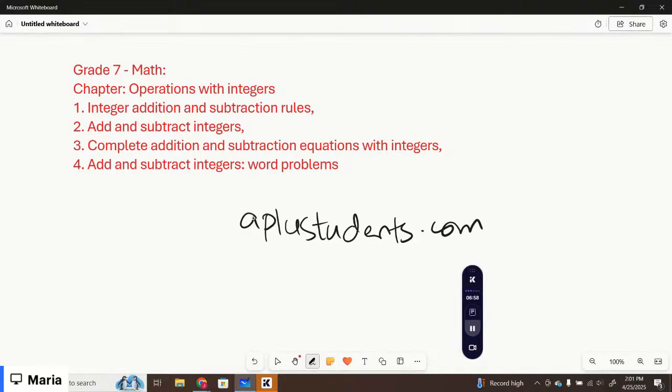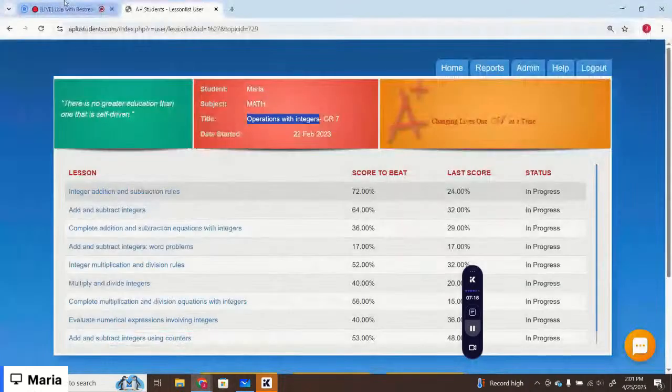Then you have to select math from the subject tab, scroll down to grade 7 math and then click on view all lessons. There you can find a list of the lessons.